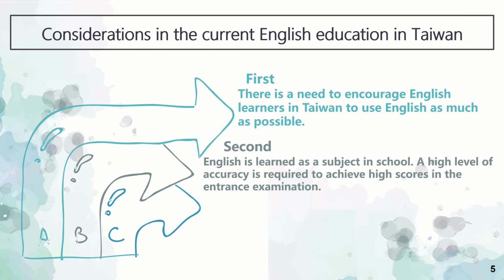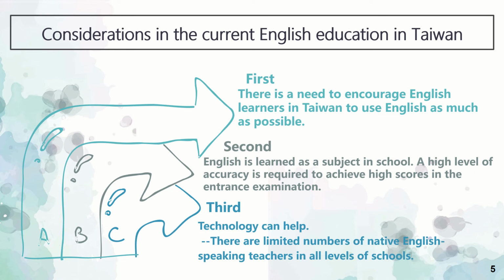A high level of accuracy is required to achieve high scores in the exam. Most students probably seldom have the opportunity to use English in any communicative context. Third, there are limited numbers of native English-speaking teachers in all levels of schools in Taiwan.